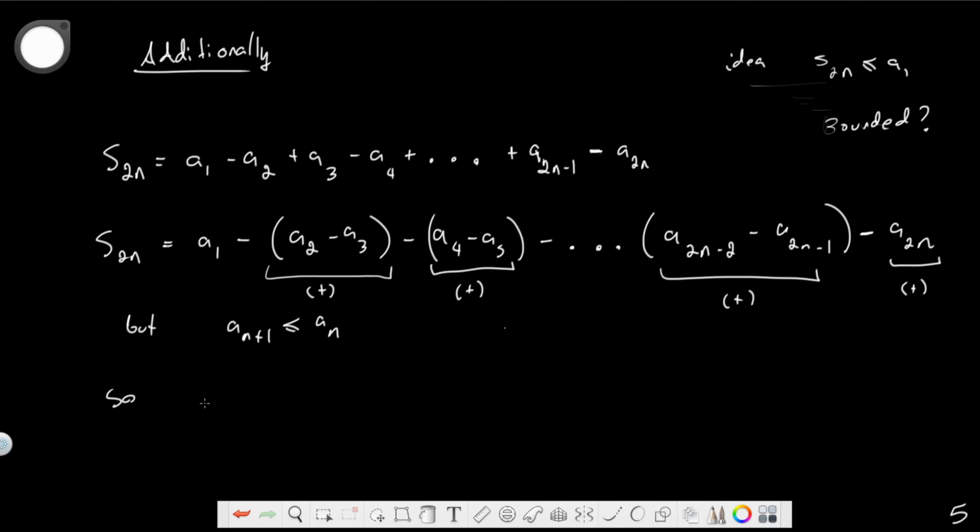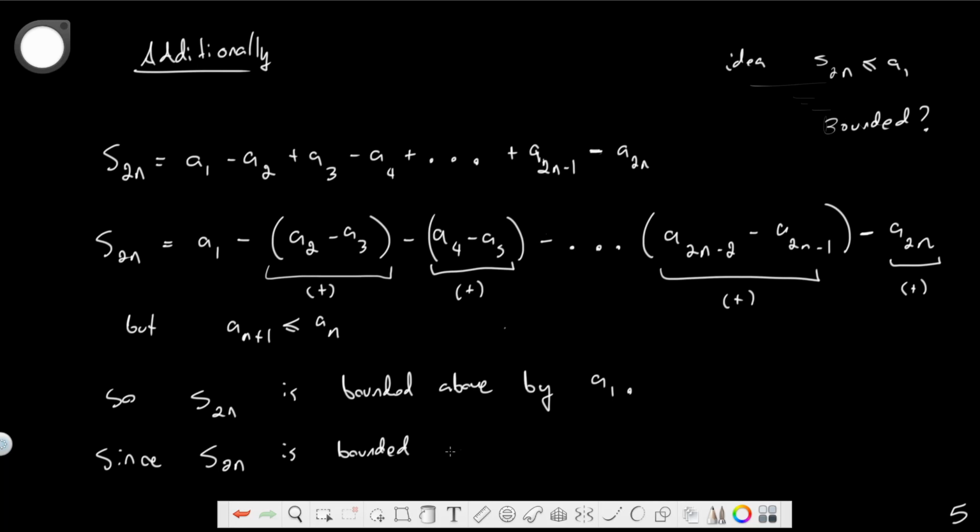So S sub 2n is bounded above by a sub 1. Since S sub 2n is bounded above and non-decreasing, S sub 2n converges.